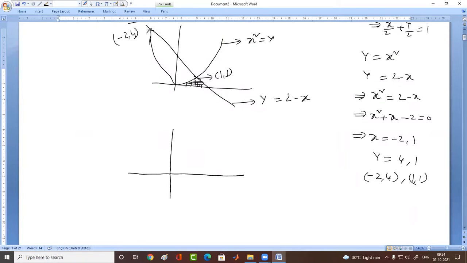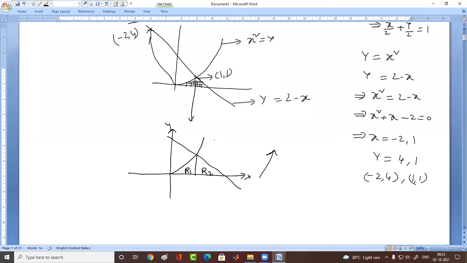This is the parabola. This is the line. So the total shaded region is divided into two parts, R1 and R2. Because if you find the limits along the y-axis, in the upward direction, the upper curve is curved in one part and a straight line in the other.